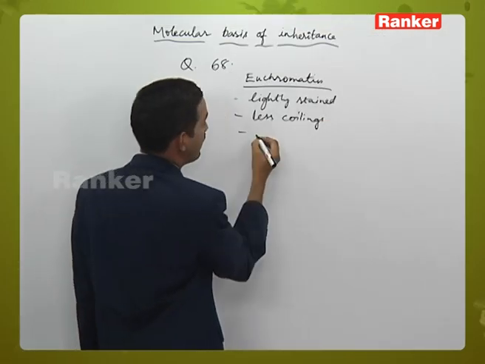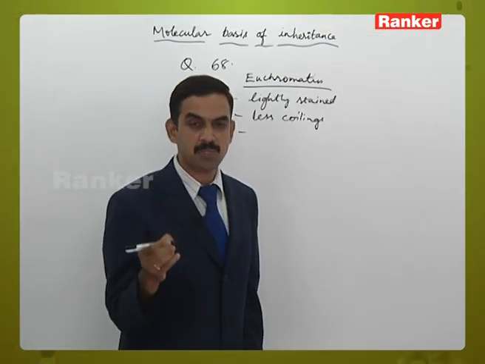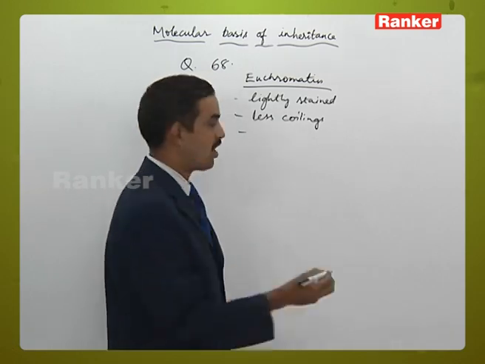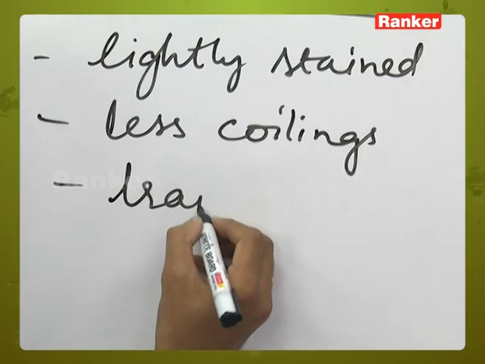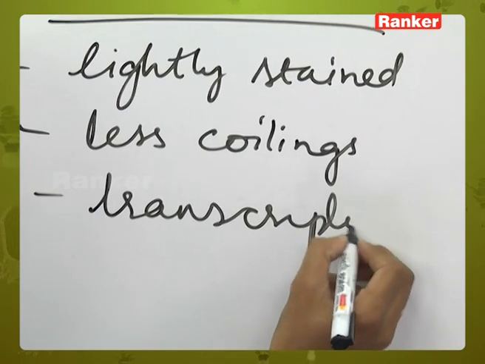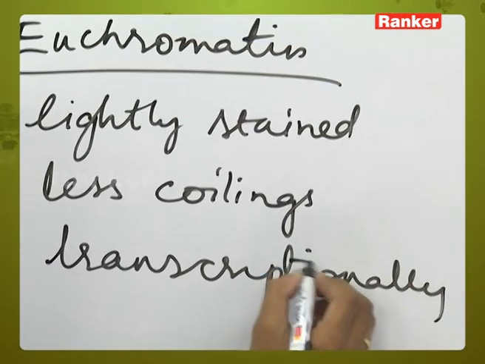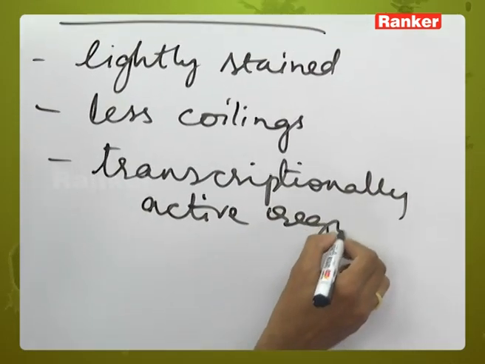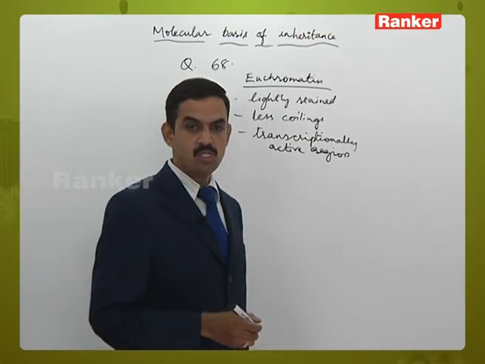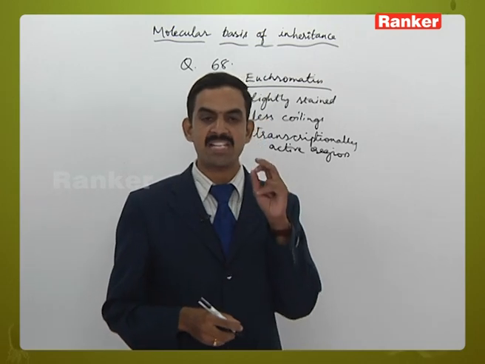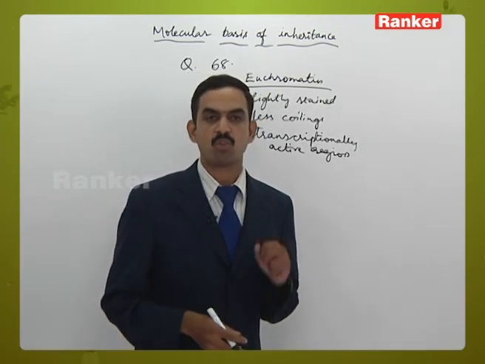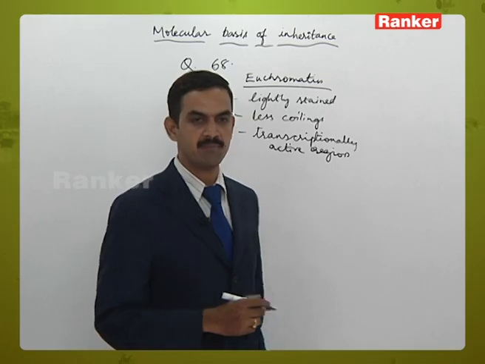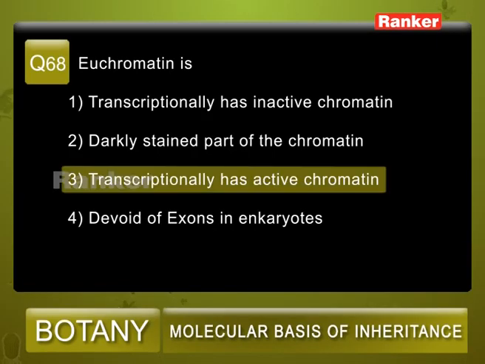Apart from this, it is the transcriptionally active portion, or one with active genes. So from the given options we can say transcriptionally active chromatin. So question number 68, the correct answer is 3.